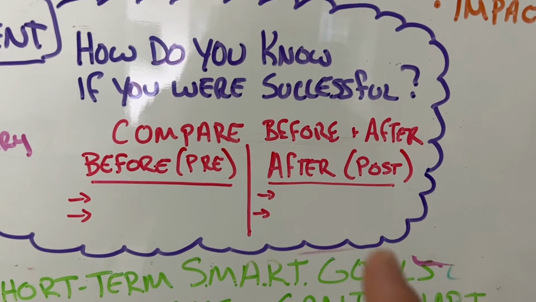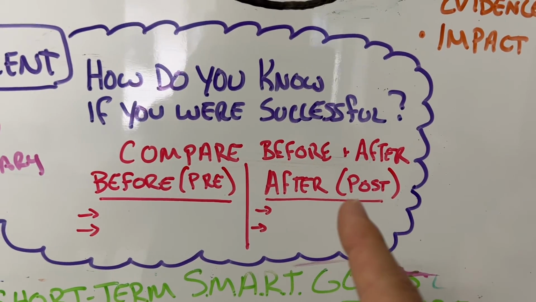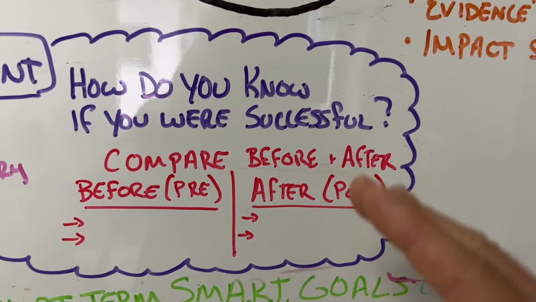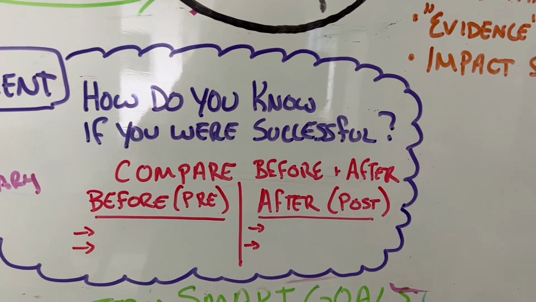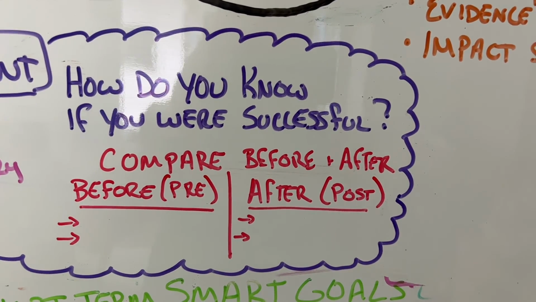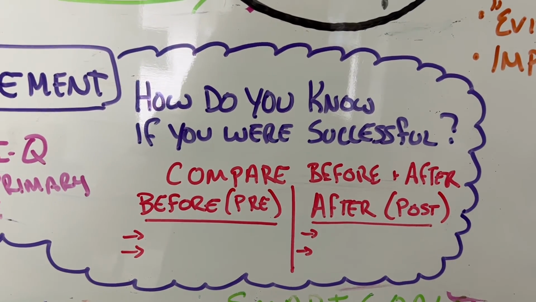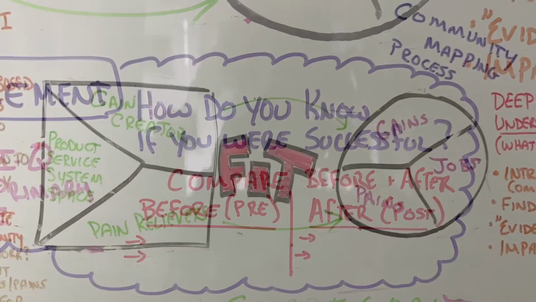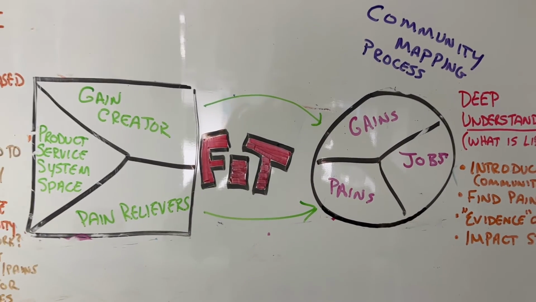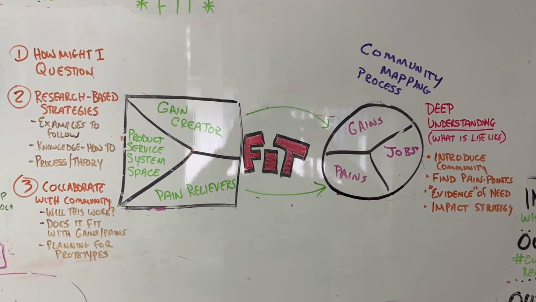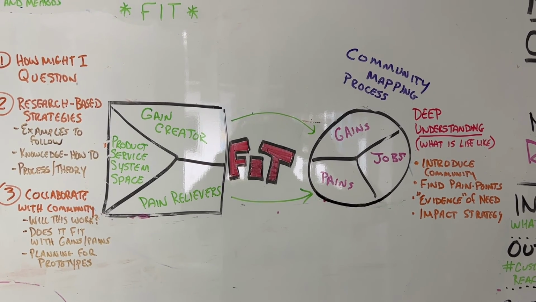And then after, this is post or after your project, these are the pieces of data that prove that I've now achieved my critical success factor. I have made a change with that variable. So that is the value proposition and how this model really aligns with our Capstone project.